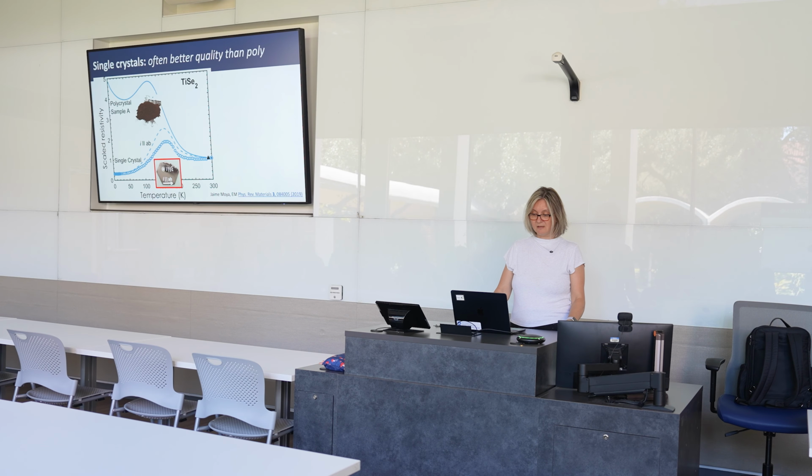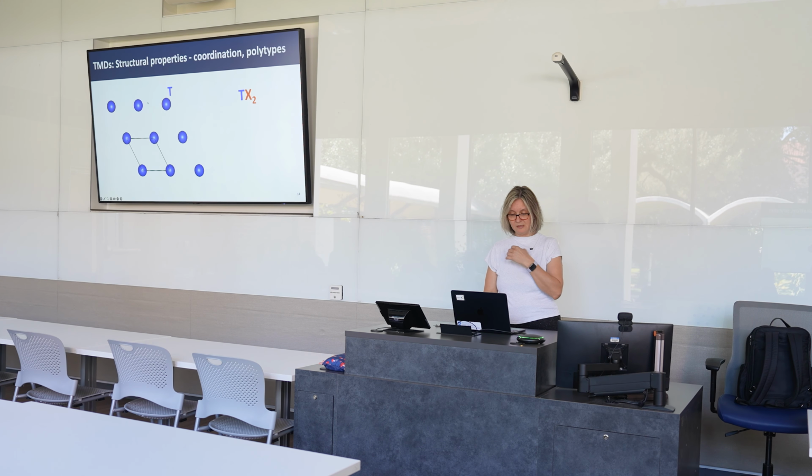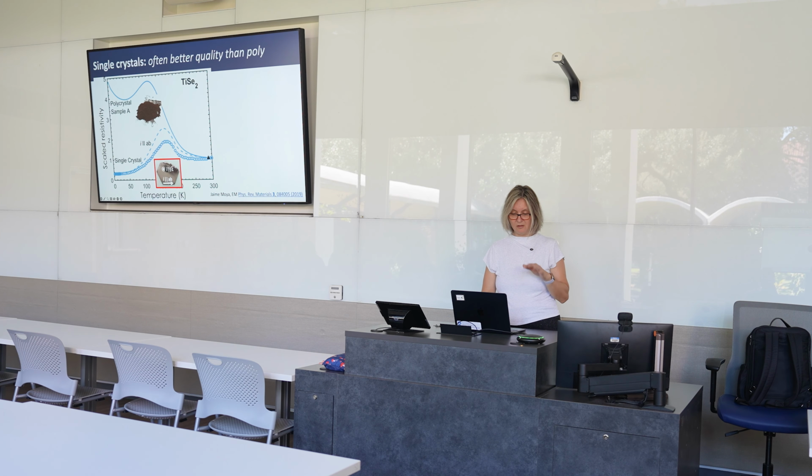An example is titanium diselenide. Look at the resistivity here. The polycrystal resistivity is shown in the solid line over here. We are not going to talk right now about what this hump really means, but you can see that the resistivity is larger in the polycrystal than it is in the single crystal. And here I'm showing the single crystal measured with current in two different directions.